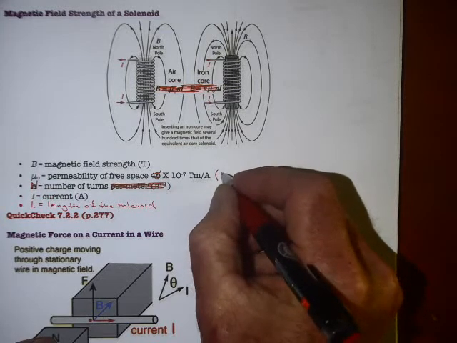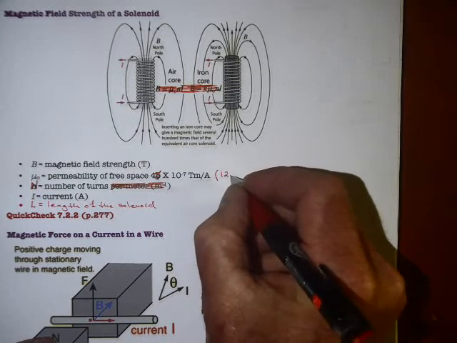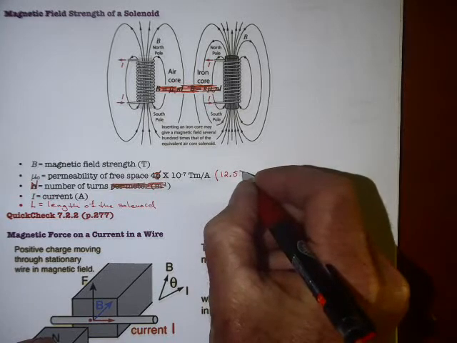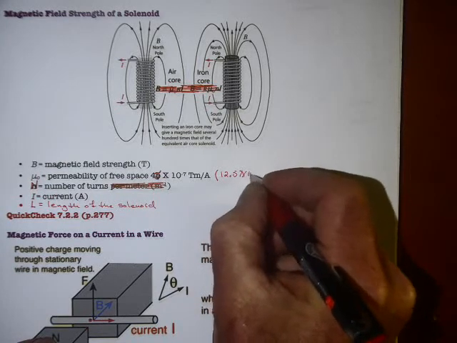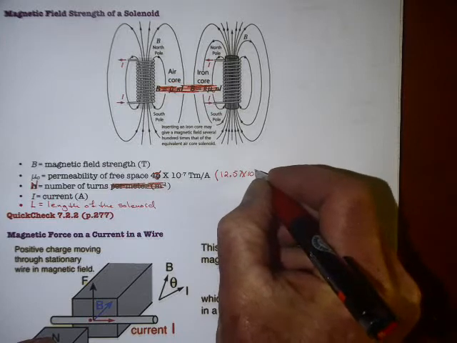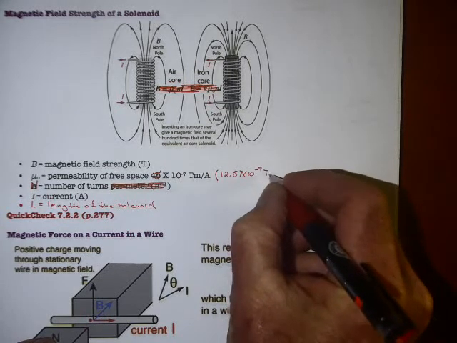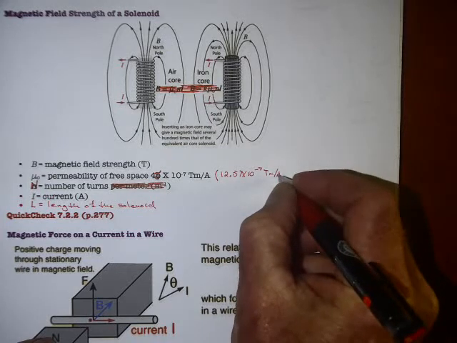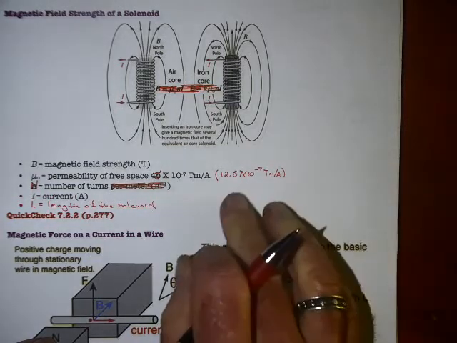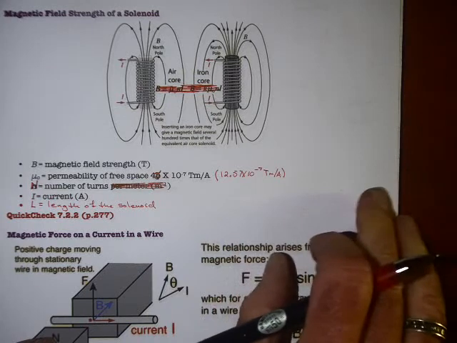This turns out to be 12.57 times 10 to the minus 7 Tesla meters per amp. This is going to really simplify things.